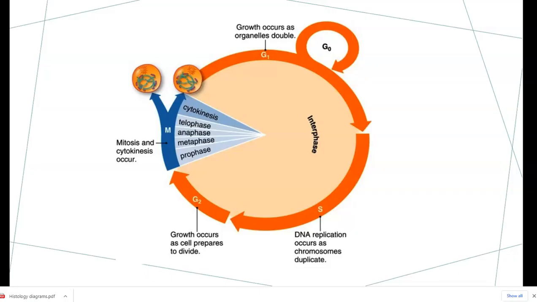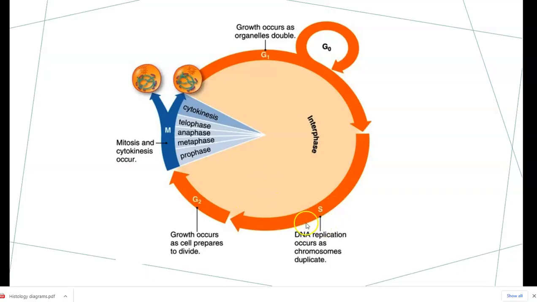And these double-stranded chromosomes are called sister chromatids. The sister chromatids are attached to one another at the waist, so it forms an X-looking structure. And that little place where those sister chromatids are connected is called the kinetochore. And during mitosis, those sister chromatids are going to be separated.